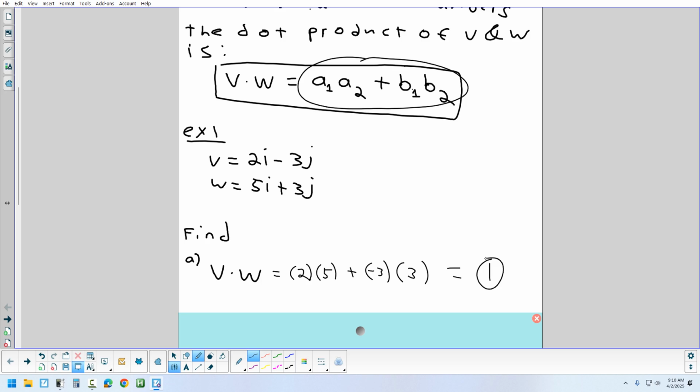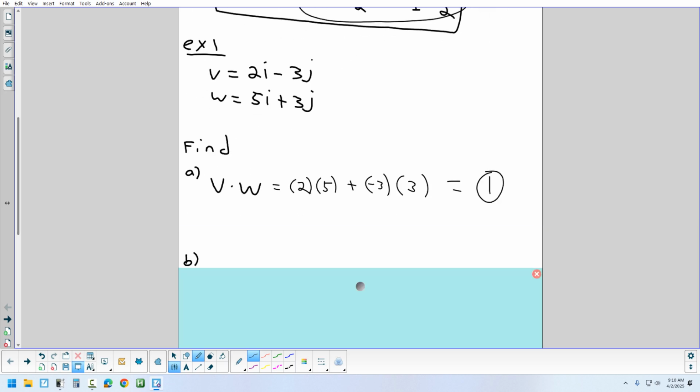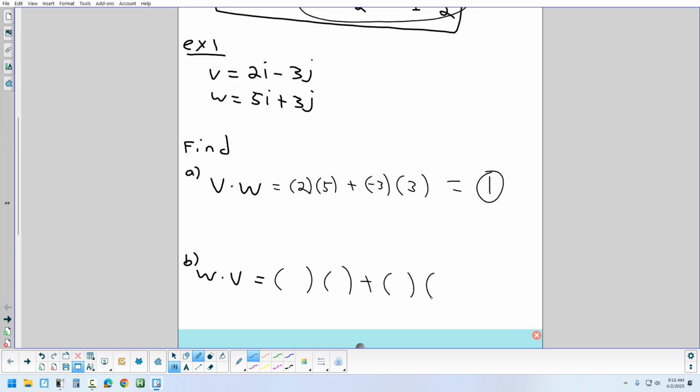Okay, let's try it the other way. Let's try w dot v. What's going to go in the first two parentheses this time? Now it would be 5 times 2.